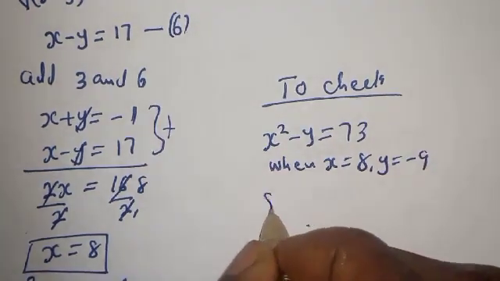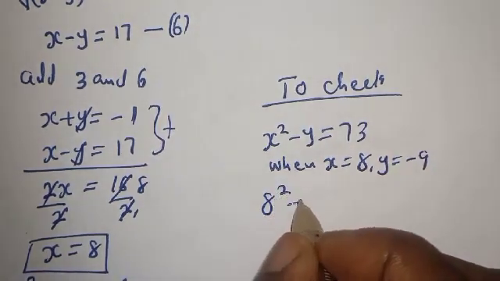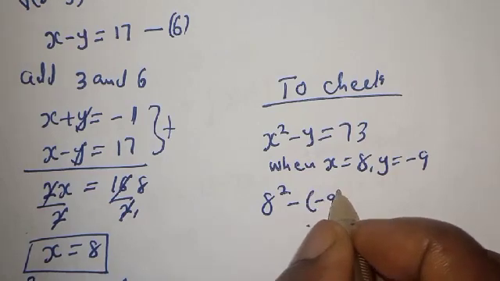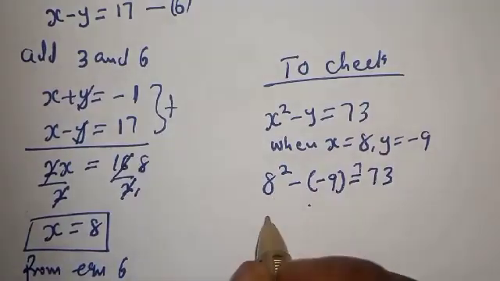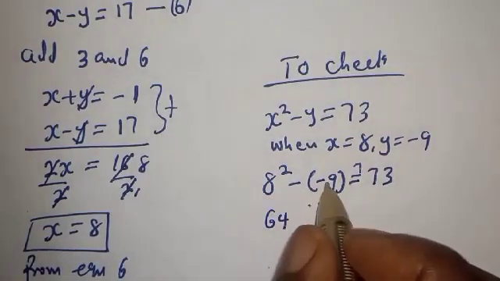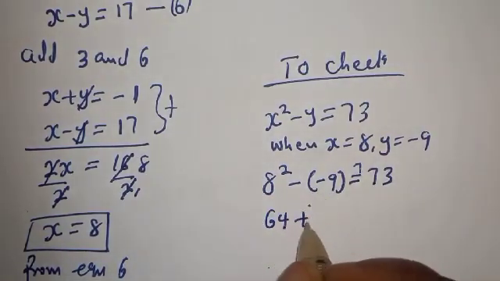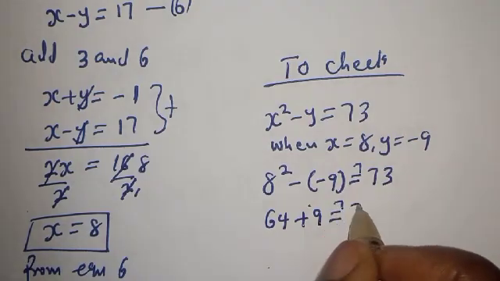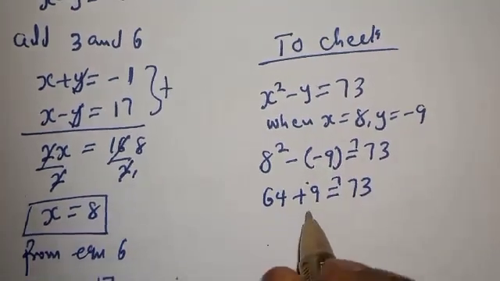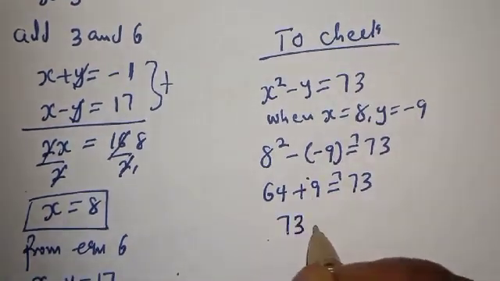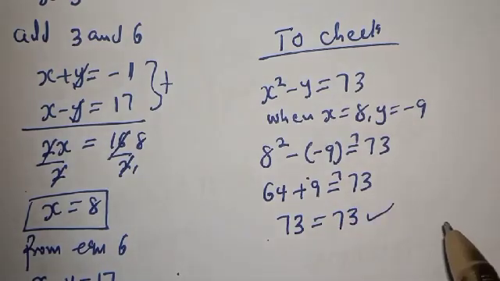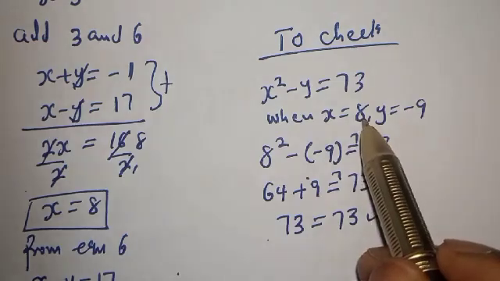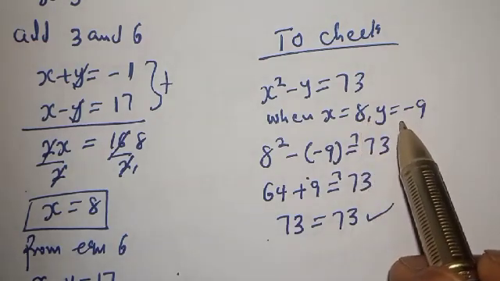So this is 8 squared minus (minus 9) must be equal to 73. So 8 squared is 64, minus times minus, that is plus 9, must be equal to 73. 64 plus 9, that is 73, is equal to 73. This satisfies the given equation at x equal to 8 and y equal to minus 9.